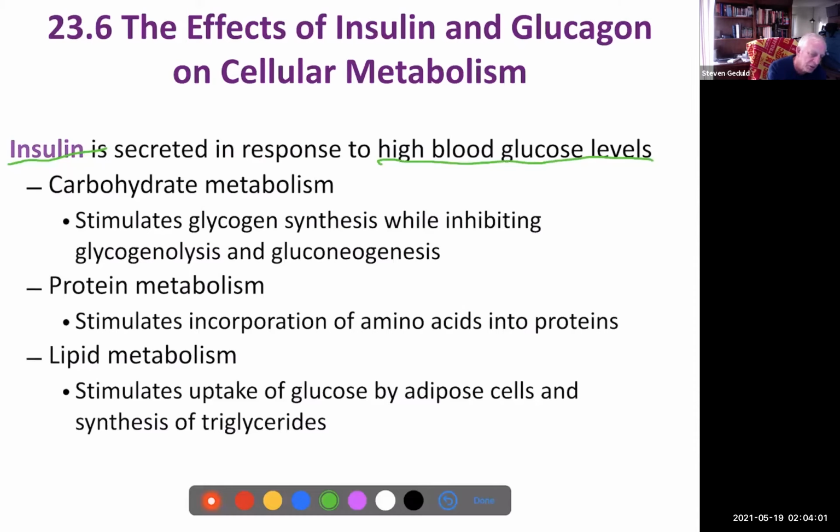And then once insulin is secreted, in carbohydrate metabolism it stimulates glycogen synthesis while inhibiting glycogenolysis and gluconeogenesis. So when you break down carbohydrates, you have a lot of sugars in the blood, right?